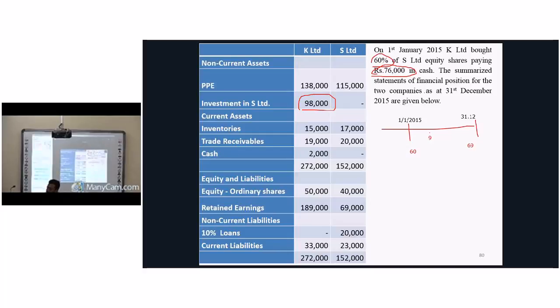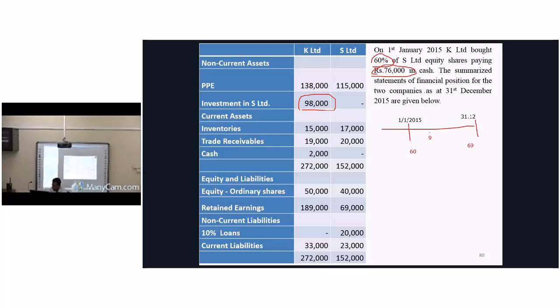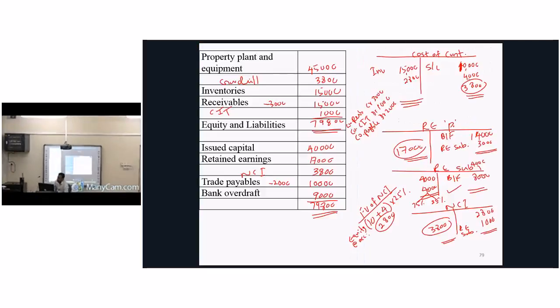This is the acquisition date, therefore we call it pre-acquisition profit.